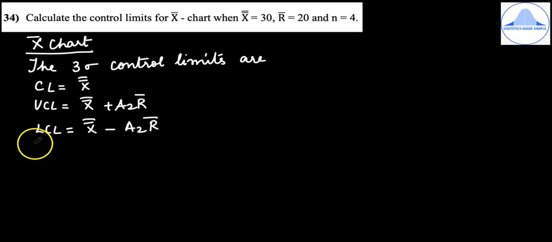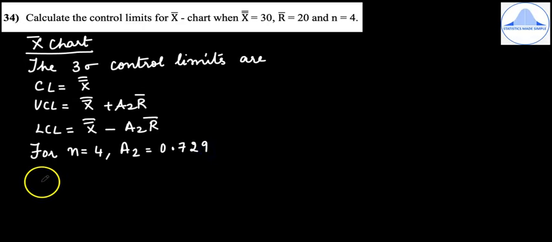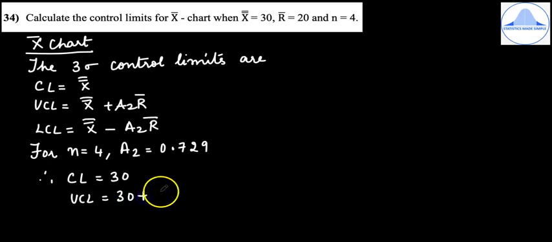So from the statistical tables, for n equal to 4, the value of A2 is 0.729.